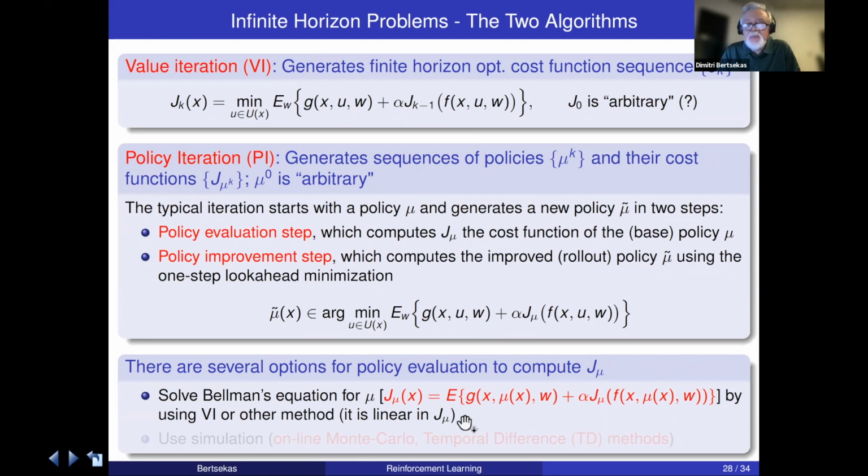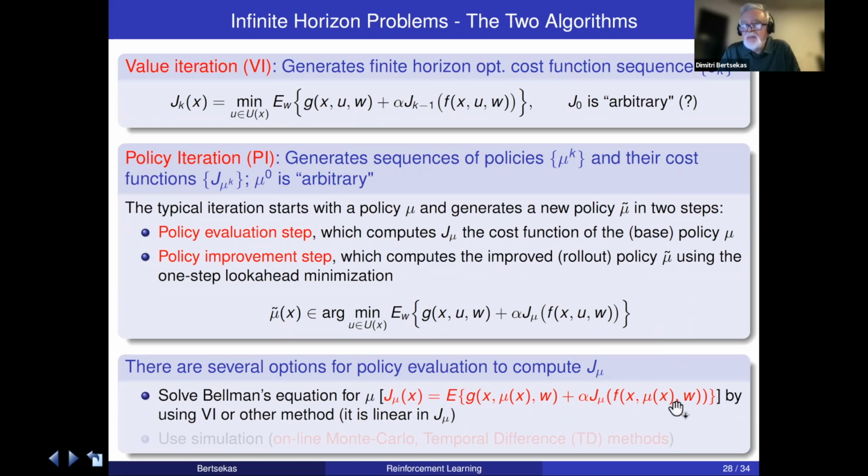One thing that helps very much the policy evaluation is that this is a linear equation. Okay, what does that mean? It's linear in J mu. View J mu as a vector. Think of the case of a finite number of states, say n states. So J mu is an n-dimensional vector, one value for every state. Now, if you write this equation for that vector, it's a vector equation that is linear.